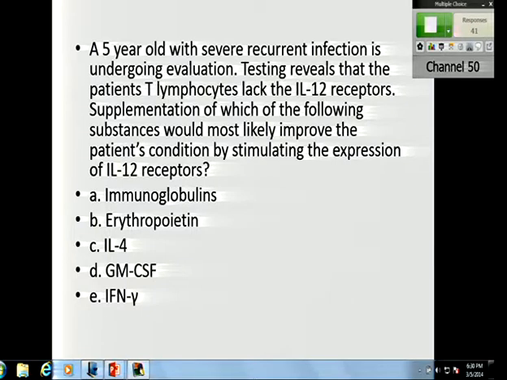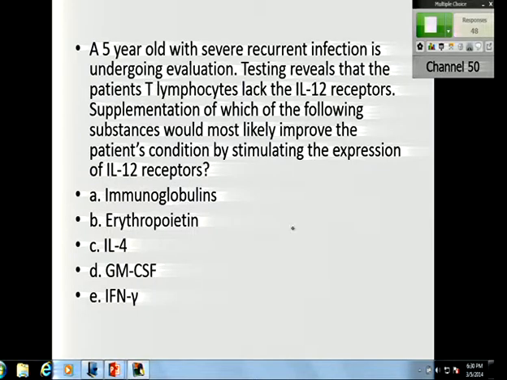Th1 will secrete interferon gamma. Interferon gamma will activate macrophages. Macrophages will secrete interleukin 12, which will again stimulate the Th1 cells. So interferon gamma would cause these cells to secrete interleukin 12. 12, interferon gamma, 12. Please don't forget this. This is very, very important.